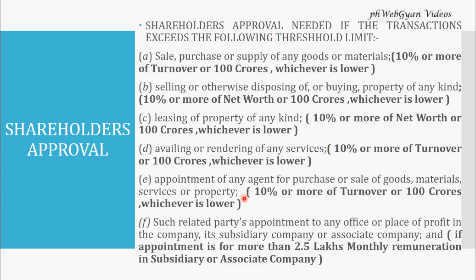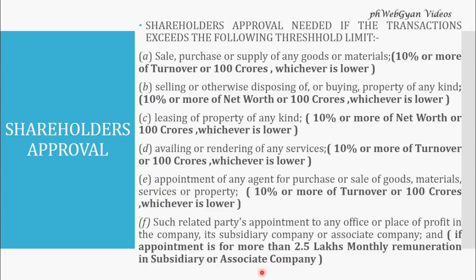For the appointment of any agent, 10% or more of turnover is the limit, or 100 crore, whichever is lower. Another important point is the related party's appointment to any office or place of profit in the company, its subsidiary or associate, if the appointment is for more than 2.5 lakh monthly remuneration.